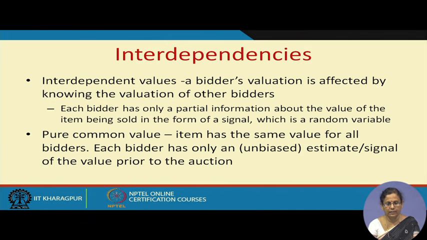Now, in case of interdependencies, as I have told you, the bidder's valuation is affected by knowing the valuation of the other bidder. In a pure common value model, even if I have some initial estimate of the item, the price signal from others is going to change it.